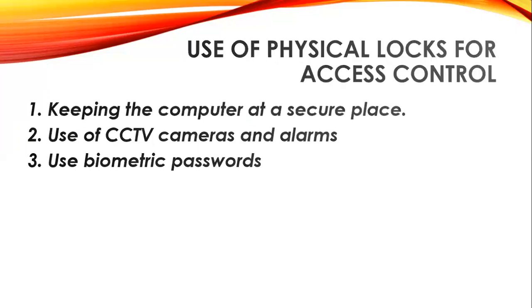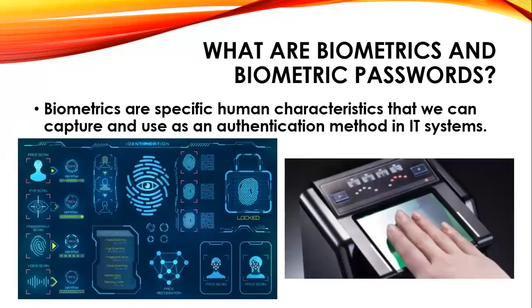So those things are now used for physical security, right? A biometric is a specific human characteristic that we can capture and use as an authentication method in an IT system. After capturing the correct person's fingerprint, we are allowing him to open the file. We are allowing him to enter the bank locker.